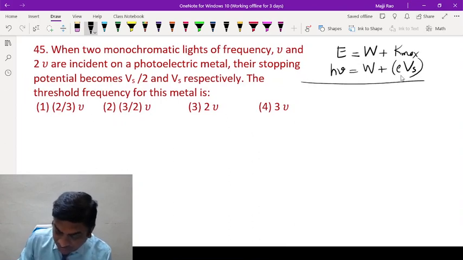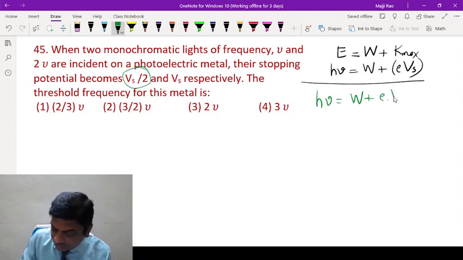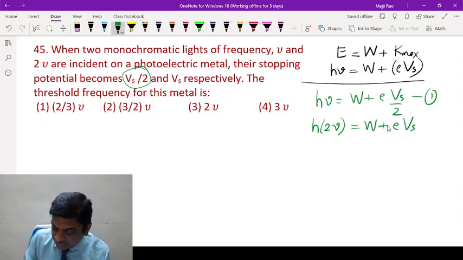So as per the question, let us write what is given. When frequency is nu, the stopping potential is Vs by 2. And when frequency is 2 nu, the stopping potential is Vs. You have to find the threshold frequency.